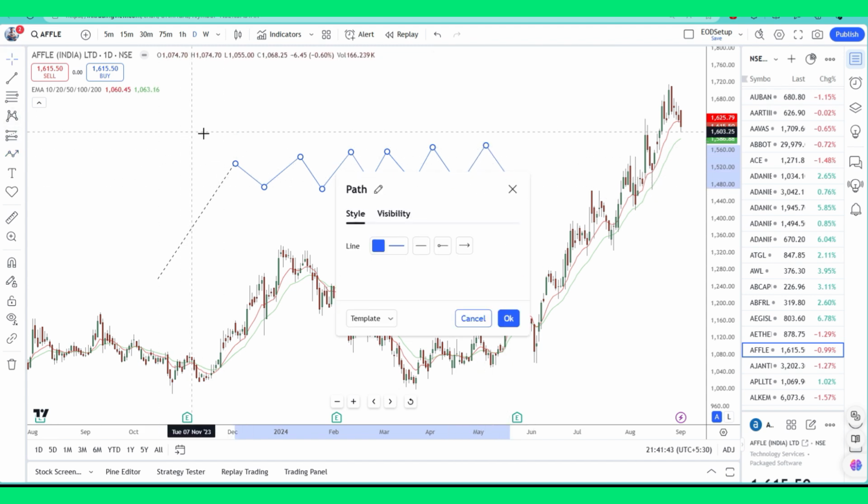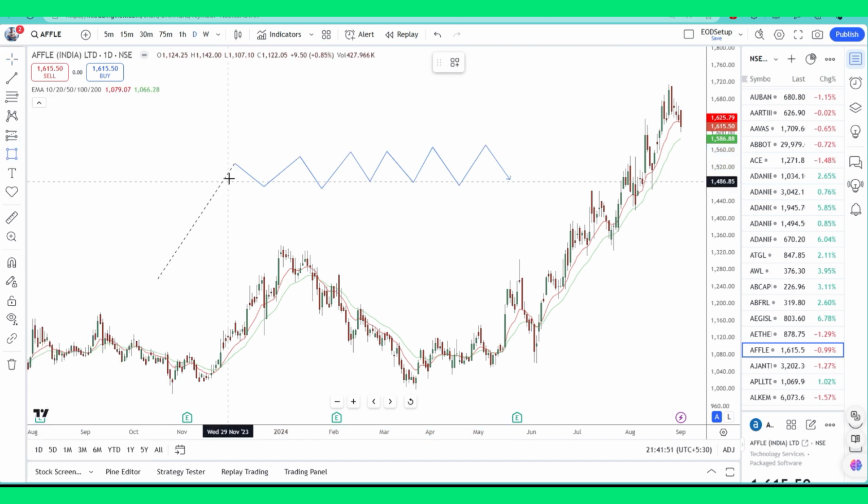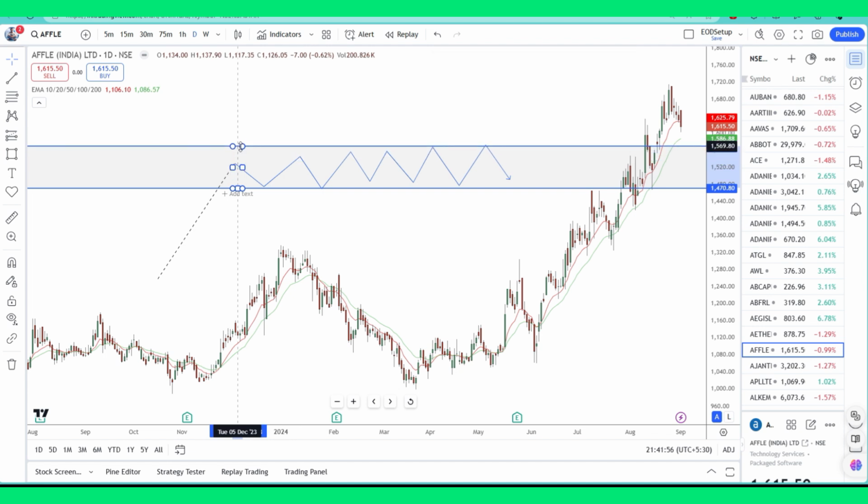It will create a range like this, and our aim is to identify such ranges, and then whenever a breakout from this range happens, we go and enter the stock with a very good risk reward opportunity. So we are not going to enter wild big candles. We're going to enter the day which breaks out. We catch the breakout as early as we can. Sometimes it will work, sometimes it will not. So that's the methodology. I will not get into more details as it needs a lot of explanation.